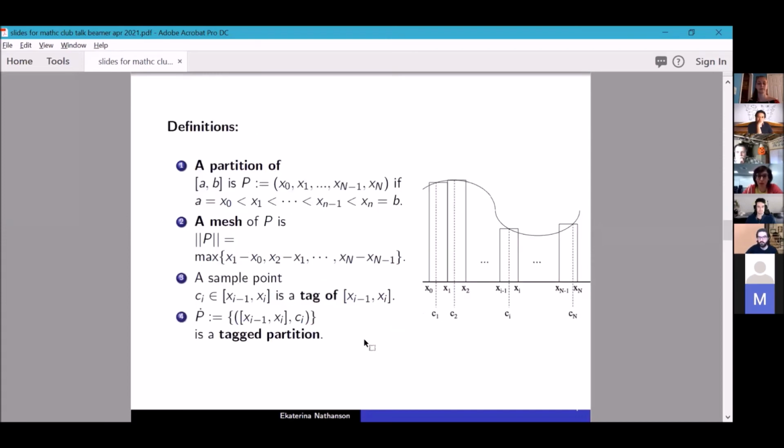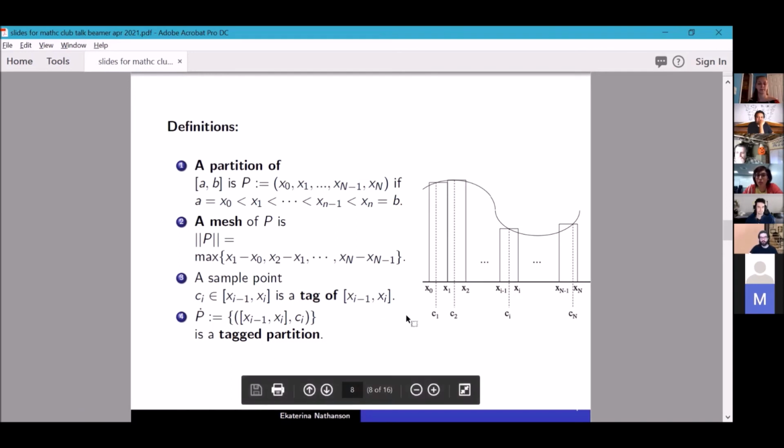Now, let's get into a little bit of detail. How do we define the integral? First we take our interval [a, b], and we create a partition by points that we denote x0, x1, x2, and so on up to xn. Then we want to measure the size of this partition, and we introduce the mesh, which is the maximum distance between consecutive points in the partition.